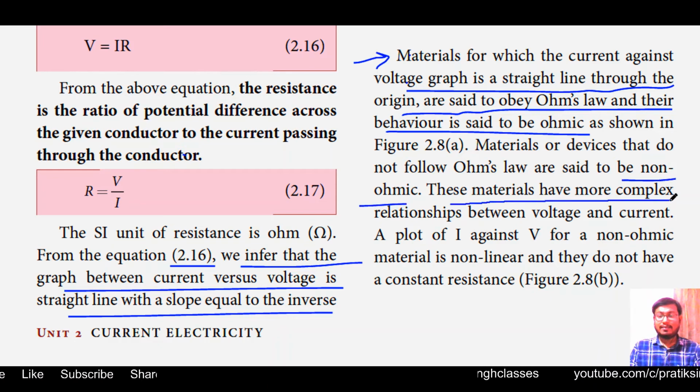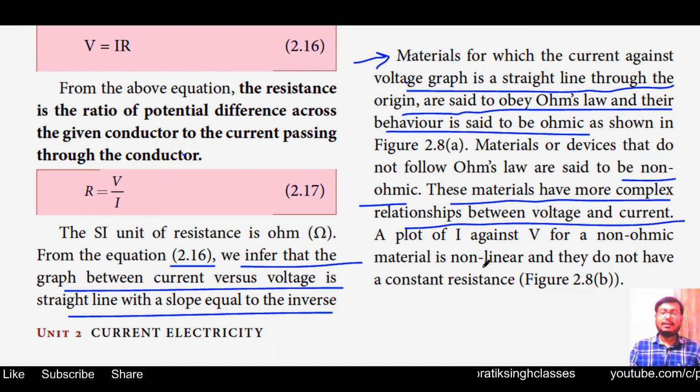These materials have a more complex relationship between voltage and current. In unit 9 you will study diodes, triodes, then Zener diode V and I characteristics, a lot of things, and based on that you have to do 6 practicals.